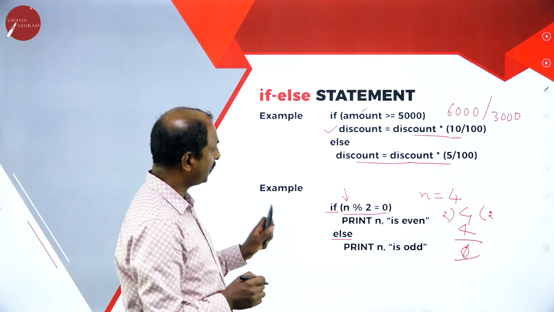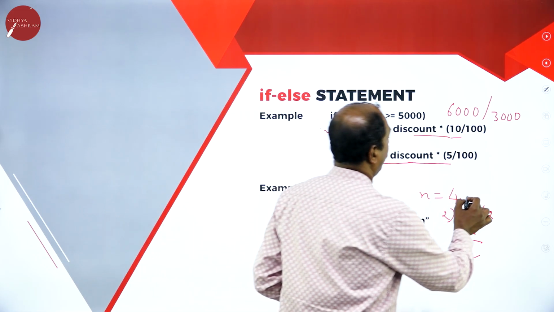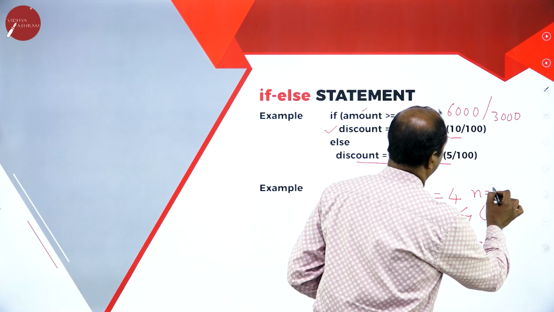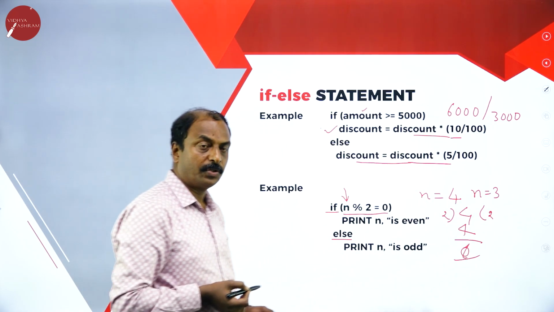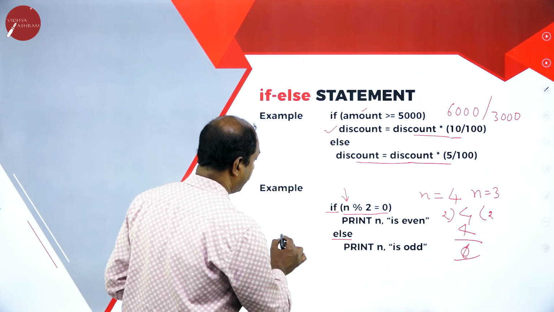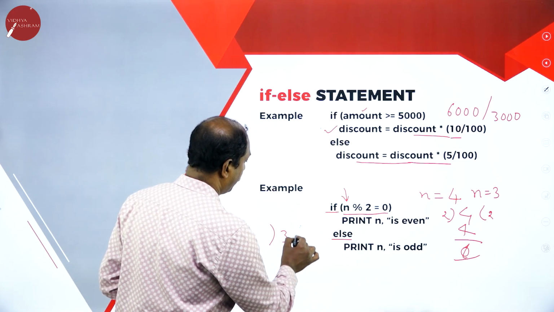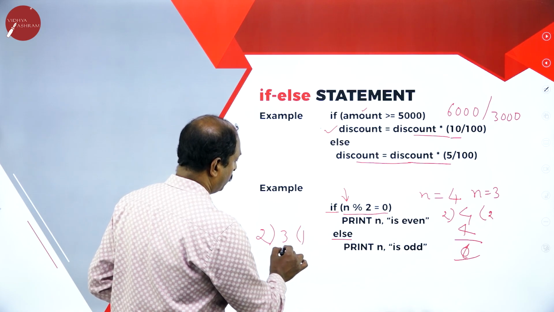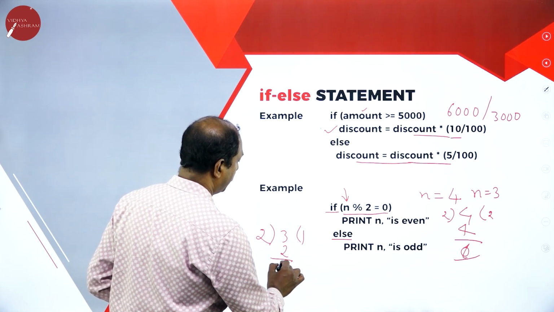Suppose the value of n is equal to 3. What would the condition be now? 3 divided by 2, 2 ones are 2, remainder is 1.